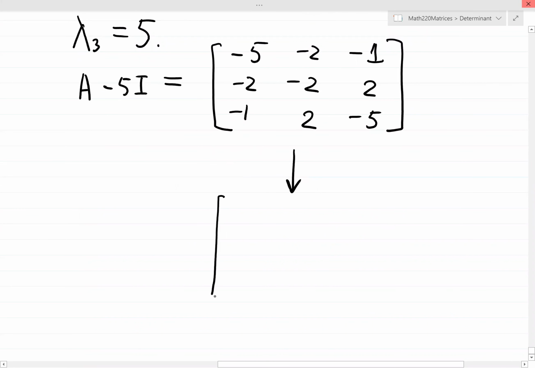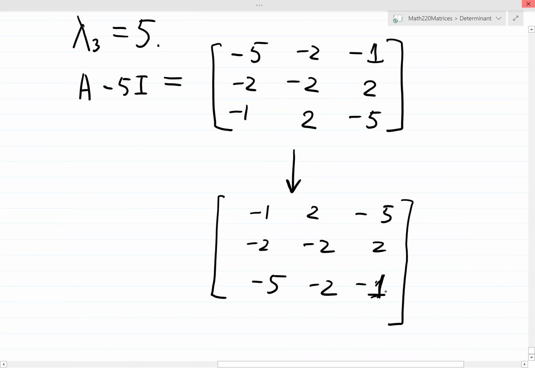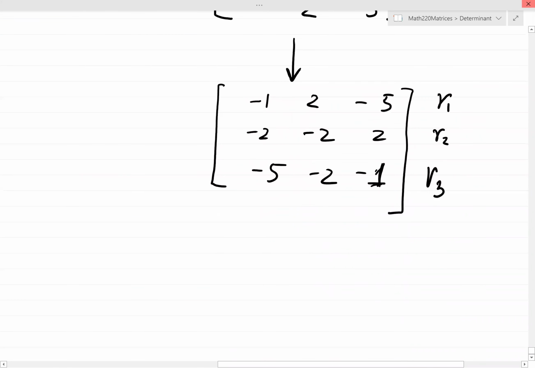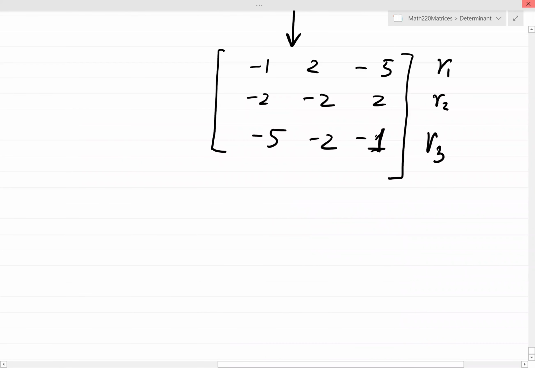If we switch the rows, we get (negative 1, 2, negative 5), (negative 2, negative 2, 2), (negative 5, negative 2, negative 1). Switch the three rows: row 1, row 2, row 3. Now we cancel entries.